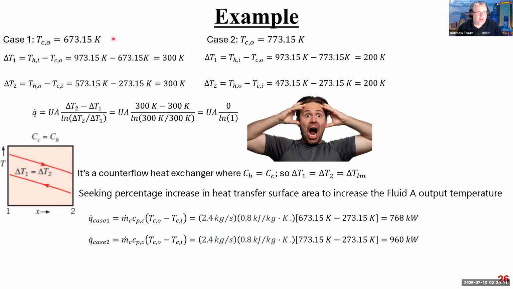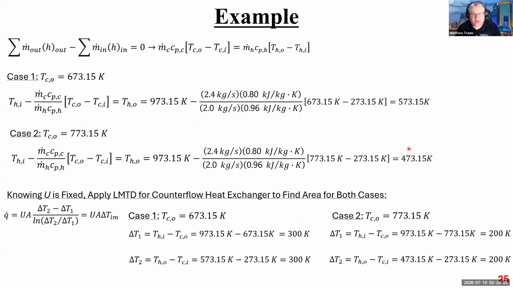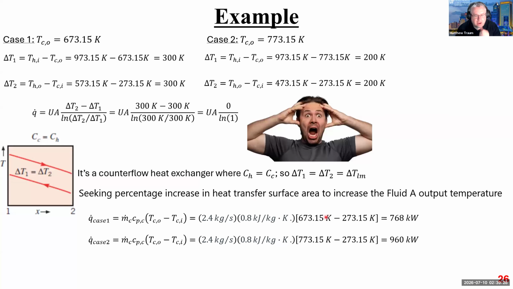These are my two cases, and I didn't actually use those other values to solve for these heat transfers. So for case one, m c_p delta T is 768 kilowatts, and for case two, m c_p delta T is 960 kilowatts. Okay, so now I have all the information that I need.